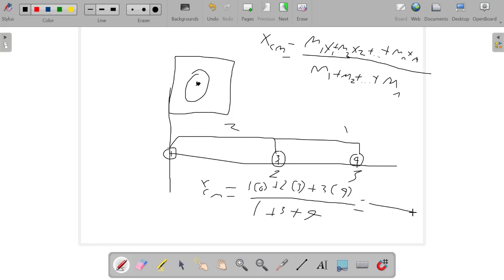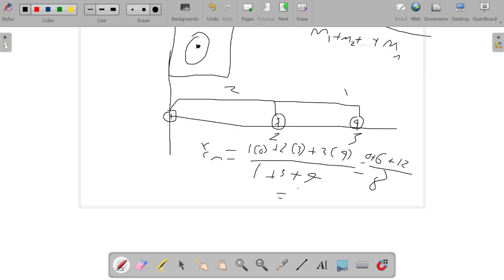And this gives 6. I'll just include the plus 0 plus 12 over 8. And this is 18 over 8.